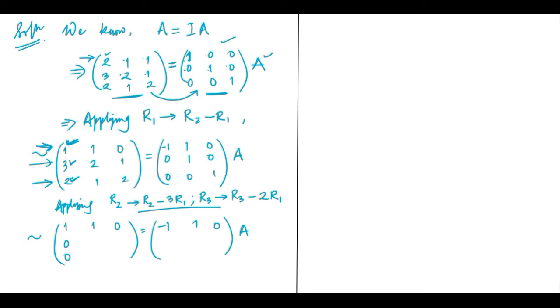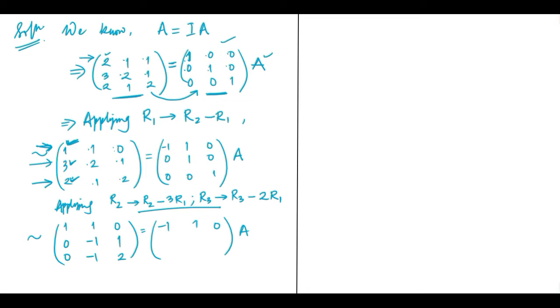So 2 minus, this is R2, 2 minus 3 times R1. 3 times 1 is 3, so minus 1. R2, 1 minus 3 times 0 is 1. R3 is 1 minus 2 times R1 minus 2. 1 minus 2 is minus 1. So R3 is 2 minus 2 times R1, 0 2.